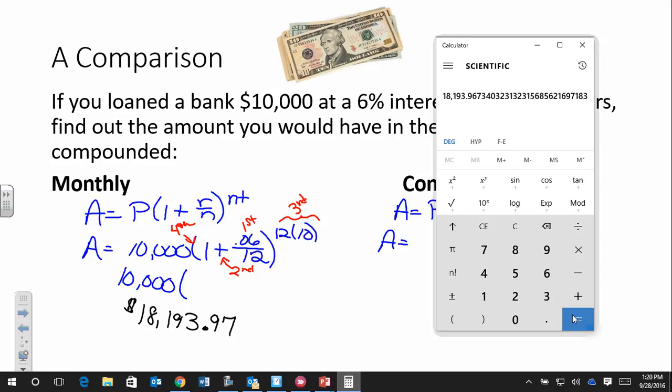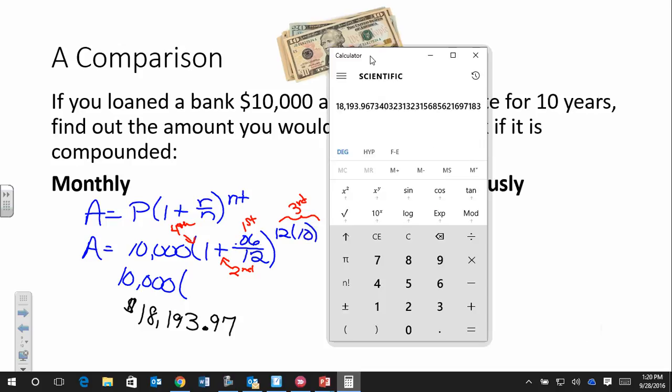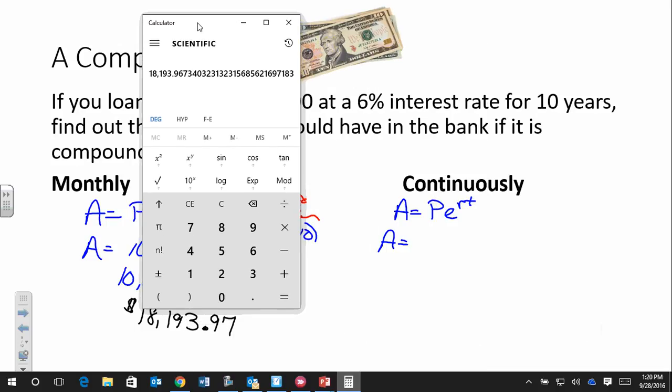Everybody get that? Okay. Now let's compare that to what would happen if we had borrowed $10,000 from a bank who is still charging 6% interest rate for 10 years, but we're now compounding this continuously. Won't be a significant difference, but we'll see a difference. So, same principle, right?